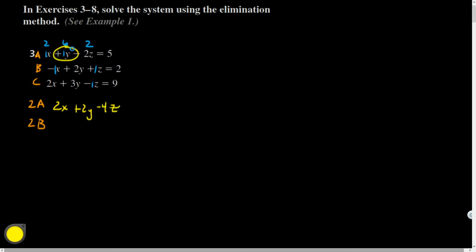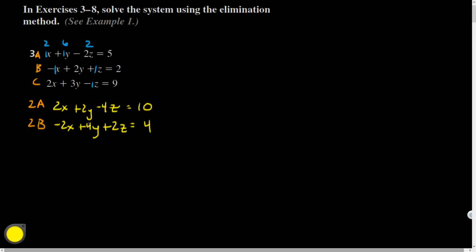I'm multiplying by these things, and don't forget to multiply the right-hand side as well, equals 10. And equation B multiplied by 2 is negative 2x plus 4y plus 2z equals 4.